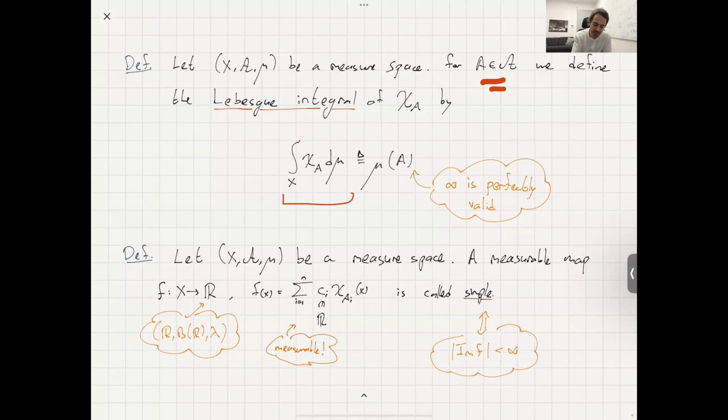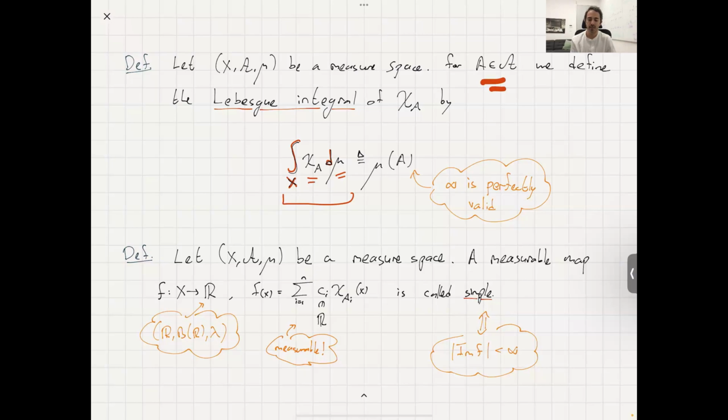This symbol, it's a kind of symbol thingy. You put the integral, you put the x. Sometimes you just omit the x, but you put the x, definitely today. And then you have this d, that's just part of the symbol, right? Here you put the measure, and here you put the function that you care about. At this point only characteristic functions. So the integral of this characteristic function is defined to be the measure of the set A.